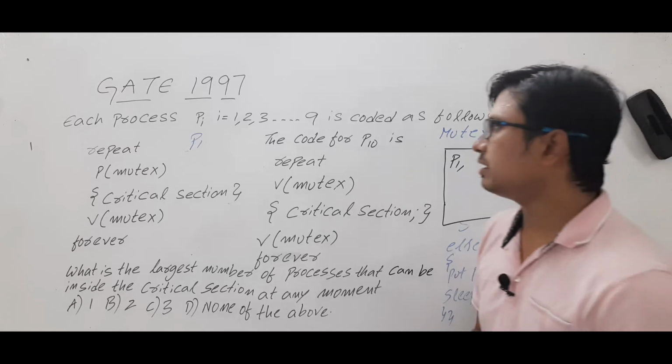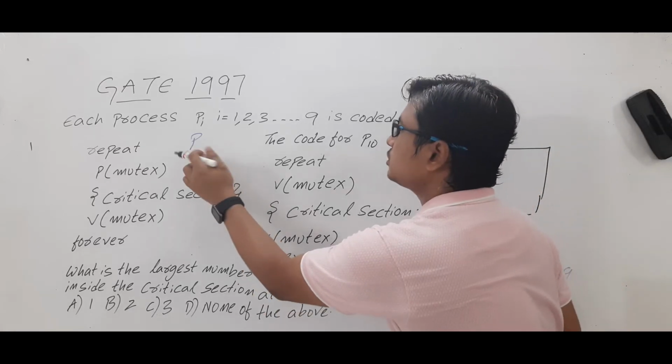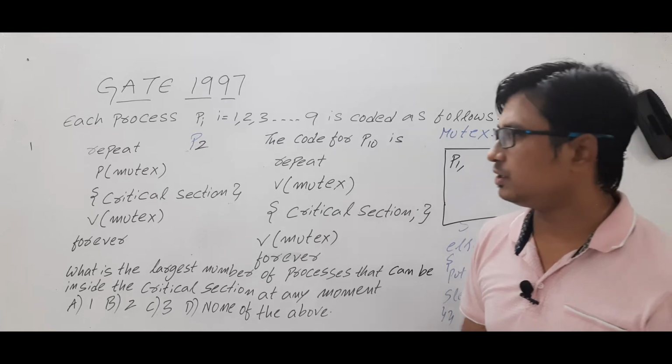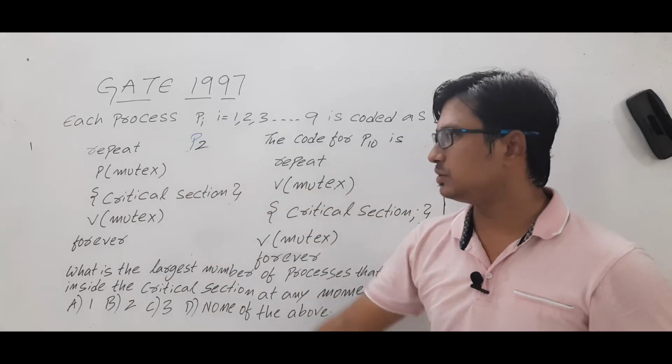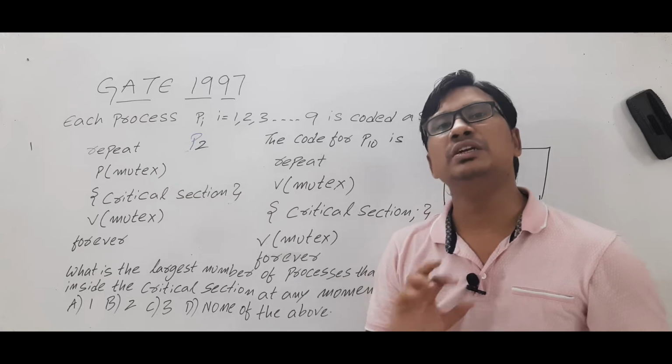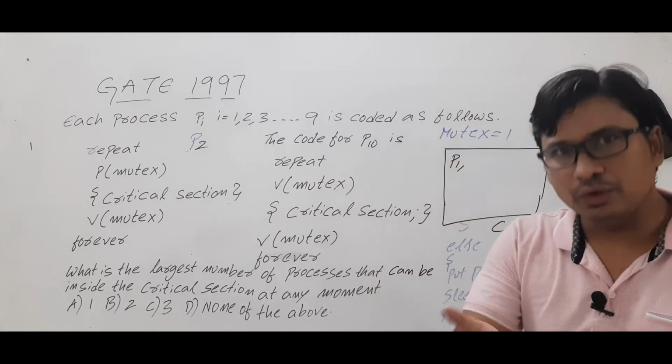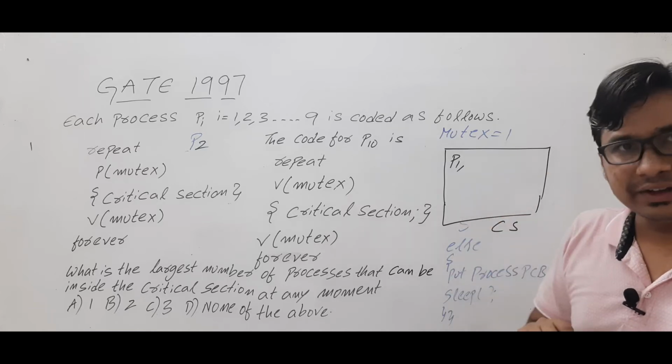Now look here. Process P2 wants to enter into the critical section. If process P2 wants to enter into the critical section, it has to execute this code. What is the first operation? Down operation. Now, the down operation, if you know the code properly, I have already written here.